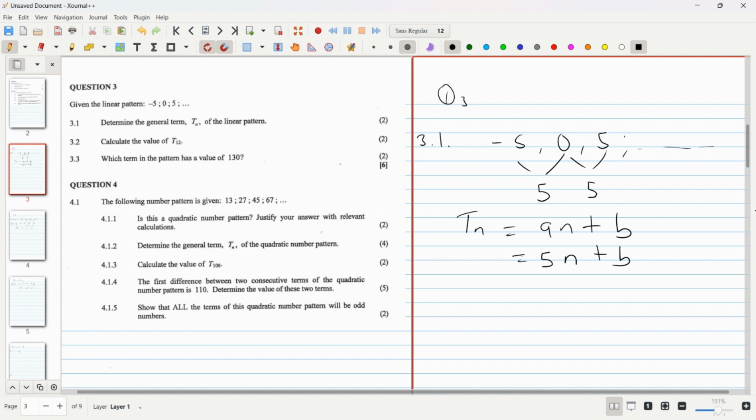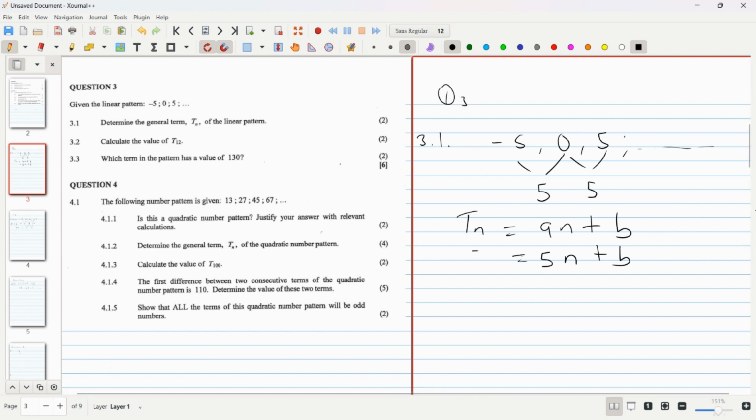So what is our Tn? Tn is our value. So we can choose any value: the first term, the second term, or the third term. In this case, we can choose the first term here.